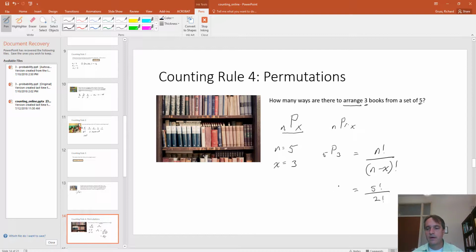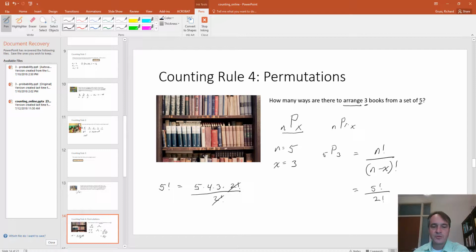Now let's go ahead and show you a little trick that you can use to calculate these. So we've got 5 factorial. 5 factorial is equal to 5 times 4 times 3 times 2 factorial. And it turns out we have this over 2 factorial already, so those will just cancel.